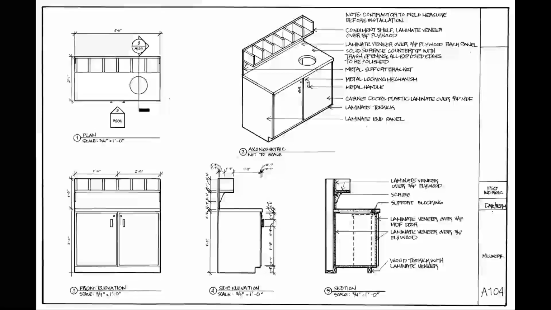So just like how we've seen before and what we saw on the floor plan, you can see that there's a profile line which is thicker, outlining the outer edge of the drawing itself, and then a series of change of plane lines.